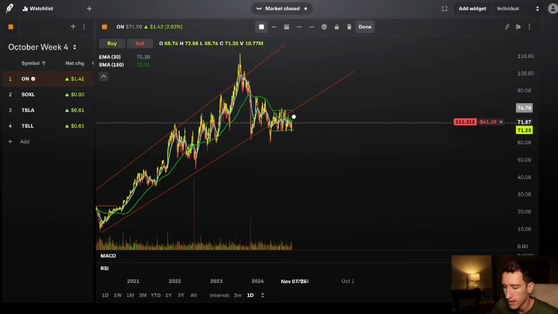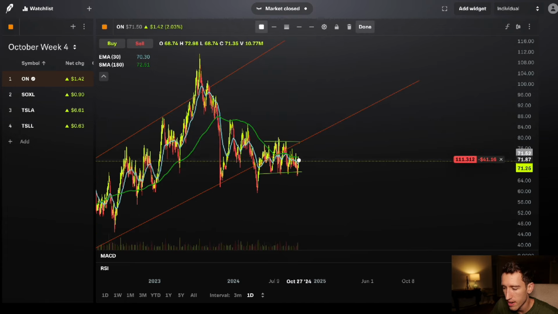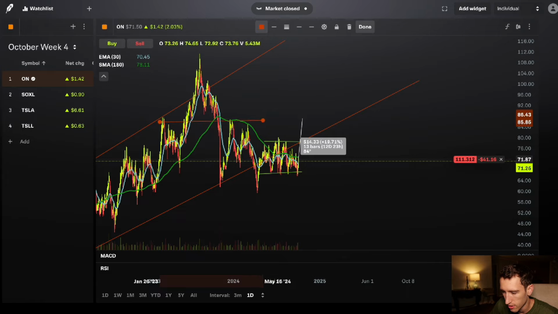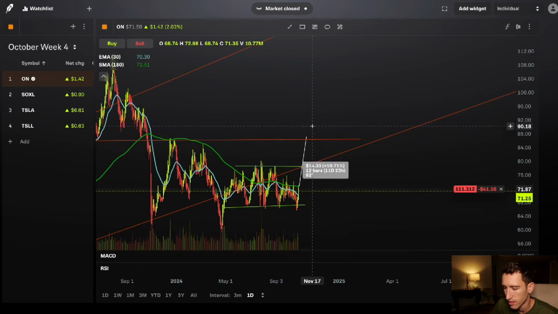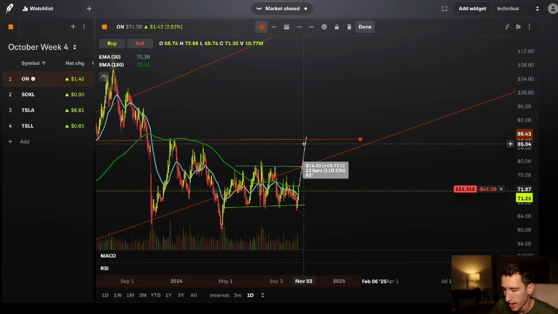And if that's the case, from where it is right now, as you can see, there's a previous resistance right here. We have resistance, a little consolidation, resistance. So let's just call resistance here. If it reaches this previous resistance, we'd be looking at about a 19% gain.